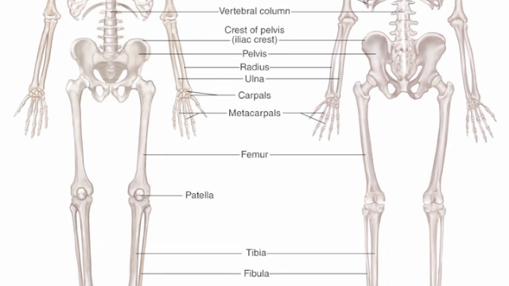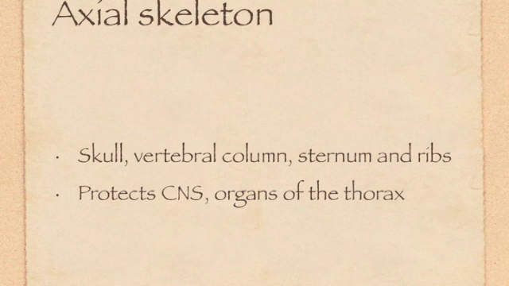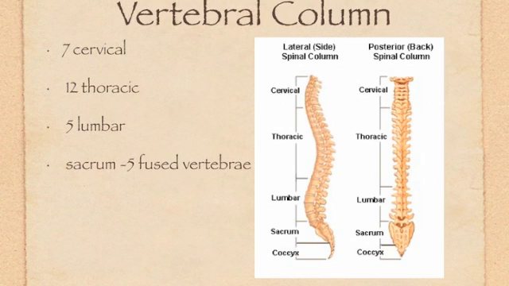And this just shows all the different bones of the body. We break our skeleton up into the axial and the appendicular skeleton. The axial skeleton is the skull, the breastbone, the ribs, and the vertebrae, and it's more protective. In the vertebral column, we have different areas with different arches. The cervical are the top 7 vertebrae, usually finer vertebrae.